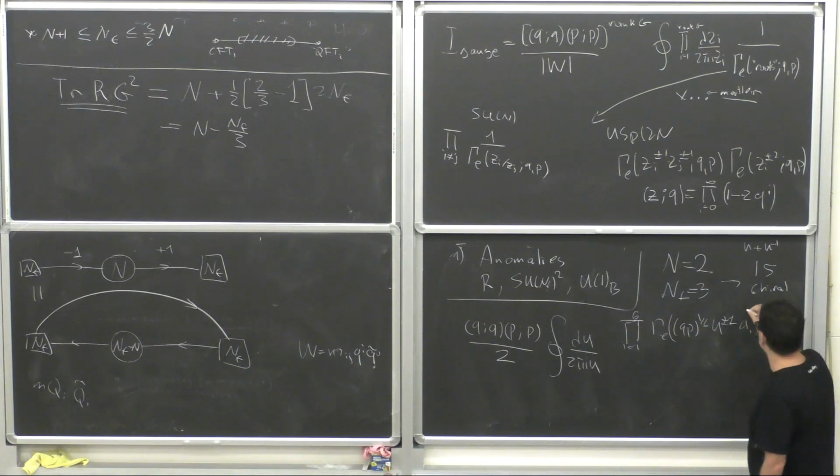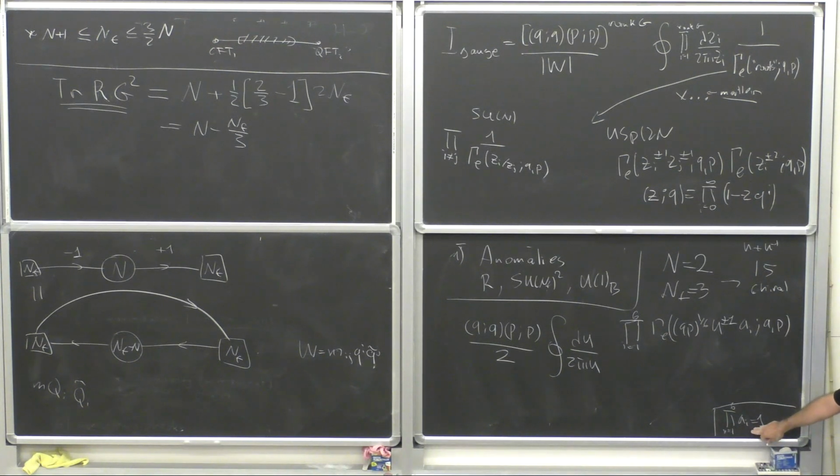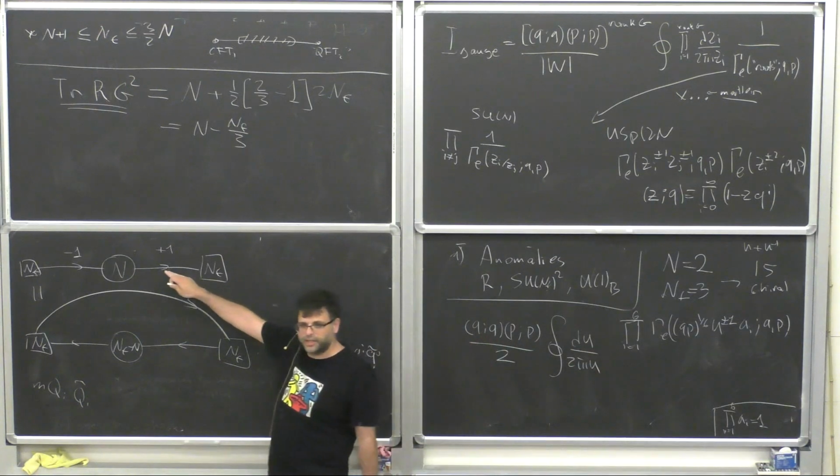There is a condition that the product of a_i, i equals 1 to 6, is equal to 1. So again, these are parameters labeling SU6. So this is the contribution of which type of fields to the index? Of the matter fields, the chiral fields.